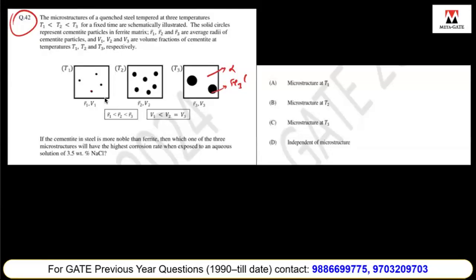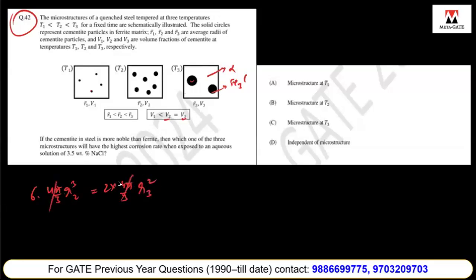So if you see, this is R1 and this is R2. Here it is given volume of V2 is equal to volume of V3. So 1, 2, 3, 4, 5, 6. So 6 into 4 pi by 3 into R2 cube is equal to 2 into 4 pi by 3 R3 cube.